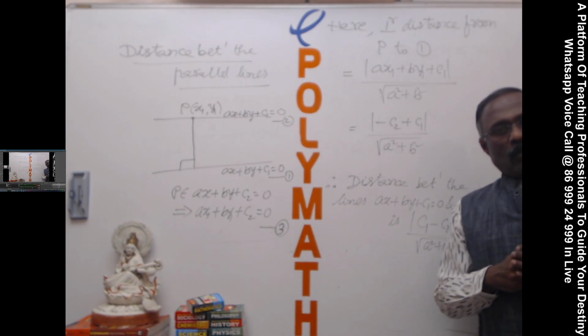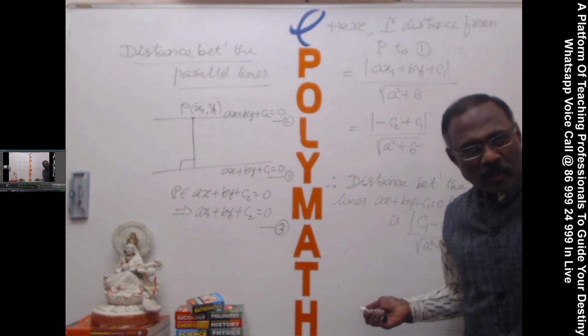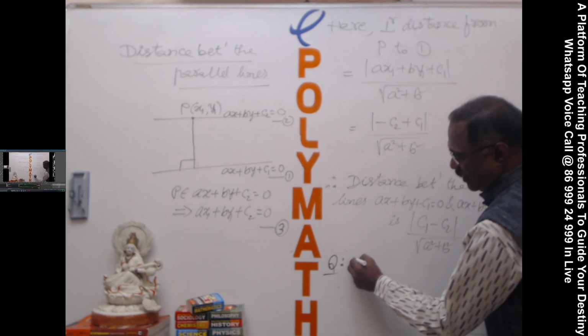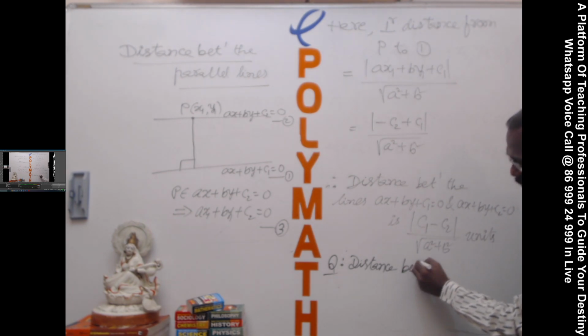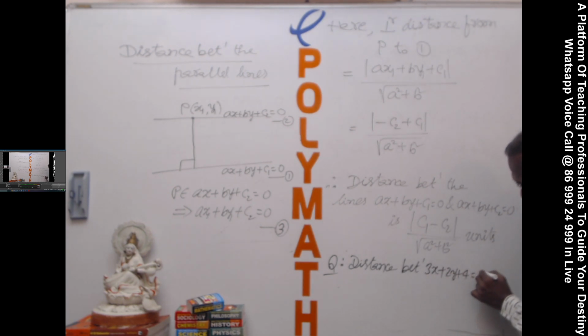So generally, the point you have to remember, even in the previous questions, is that the questions were given like this only. A question is given like this: distance between 3x plus 2y plus 4 equal to 0 and 6x plus 4y plus 1 equal to 0 is.